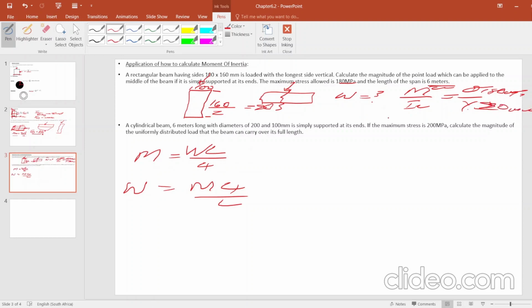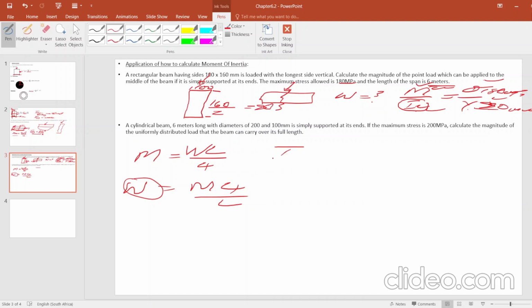But I'm not interested in that. I'm interested in this because we need to use a bending moment to be able to calculate the force that they are looking for. But I'm interested in showing you how to calculate the moment of inertia. We have the stress, we have the centroid, we need to make this the subject of the formula, then we need to calculate that.